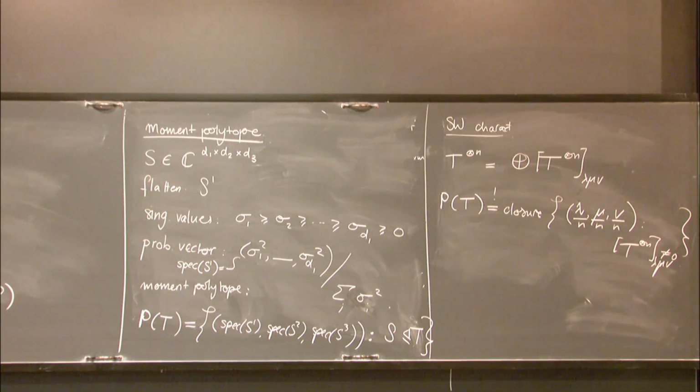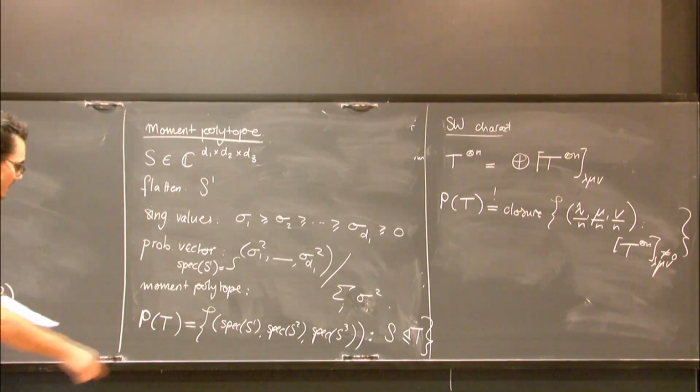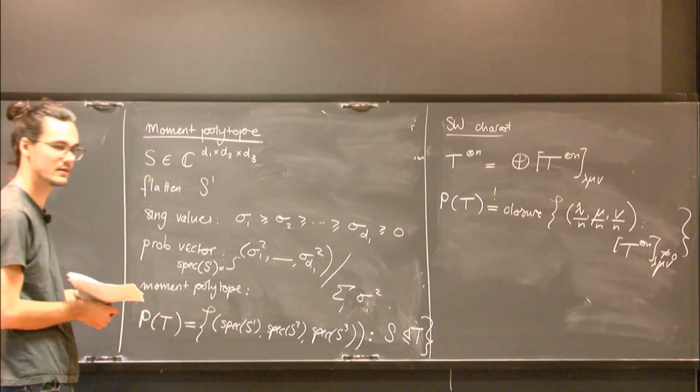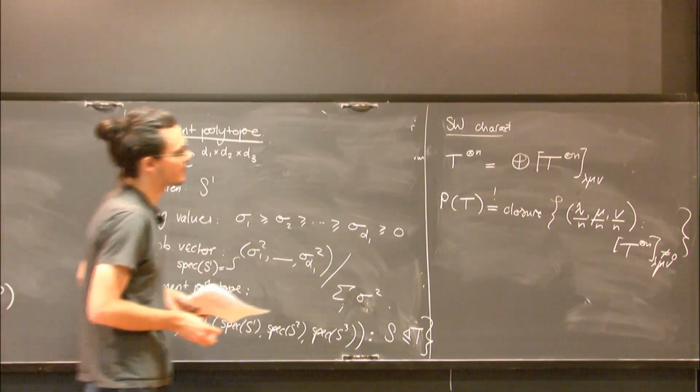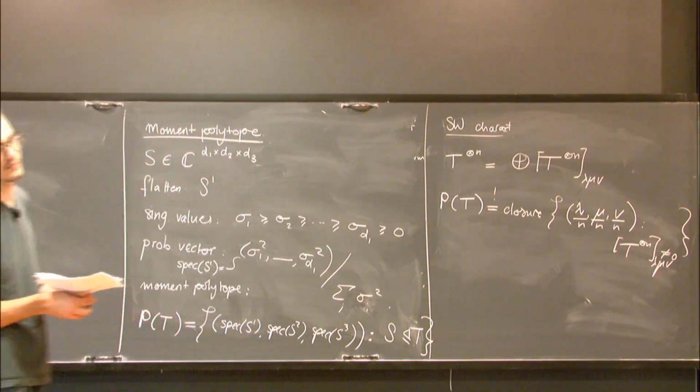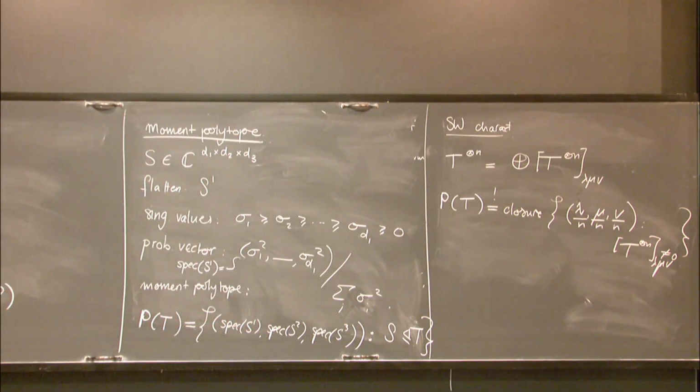Sorry, is there a quick way to see that the types match up? Because this looks like a polytope where all these specs are vectors of size D1, D2, D3. Right. So in this decomposition, the partitions will have that restriction that they have at most D1 parts. Oh, okay. Okay, fine. Right. Thanks. Good.